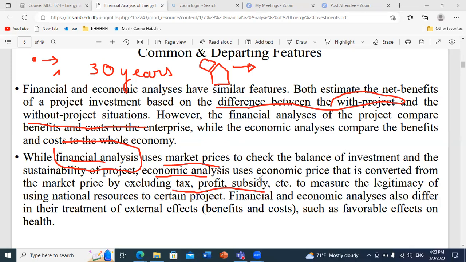While when you do economic analysis, you will exclude all of these because it's mainly the society or the country that is involved in this project.